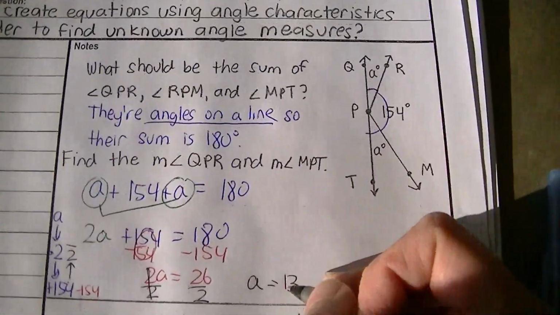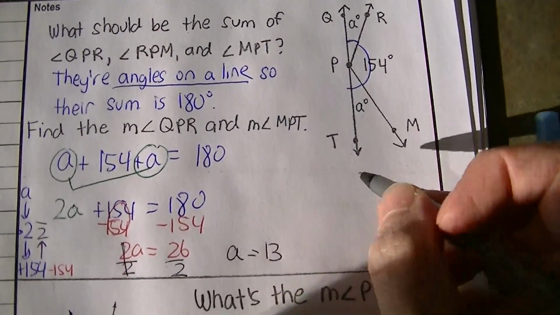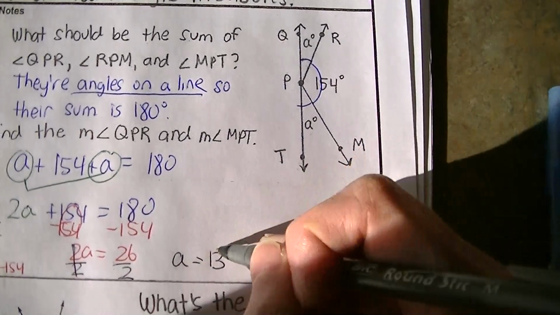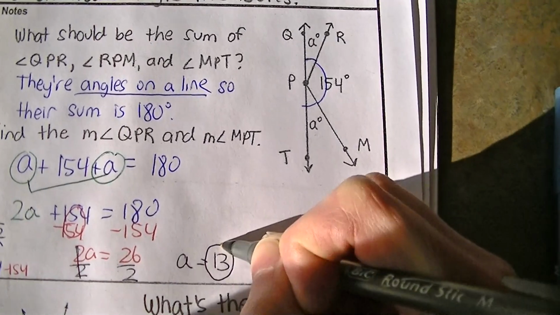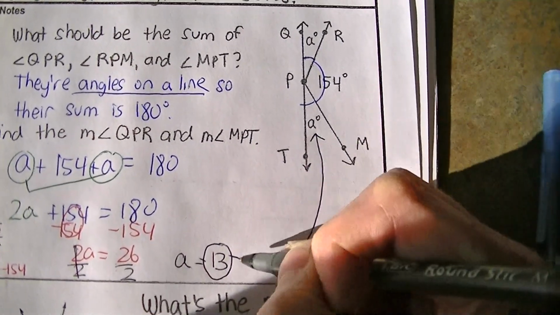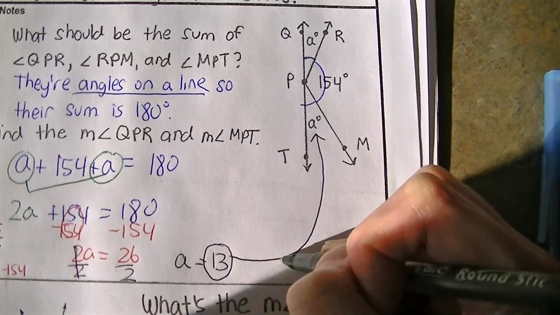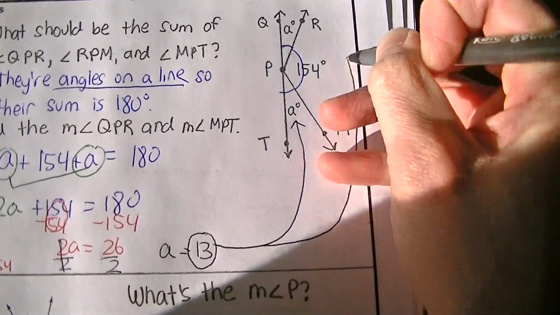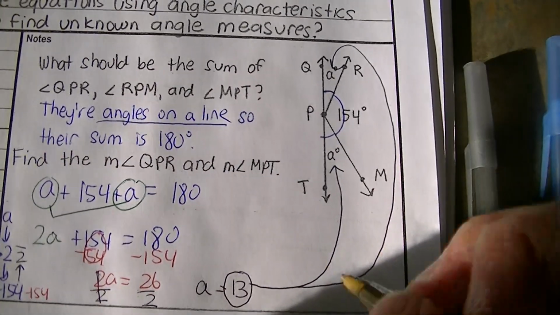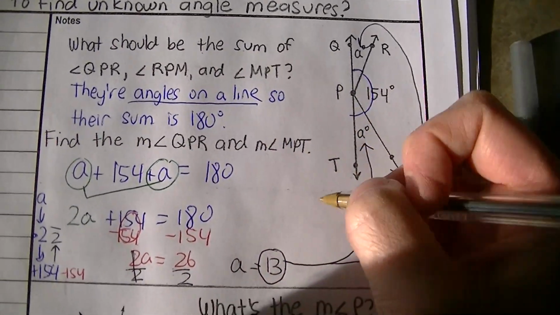After you get your variable, you need to make sure you always substitute it back into your angle measurements, just in case they want you to do something further with it. Here, that measurement is A degrees, and A is 13, so it's 13 degrees. Whenever you're writing down an answer, make sure it's very clear so there's no question about what the answer is.